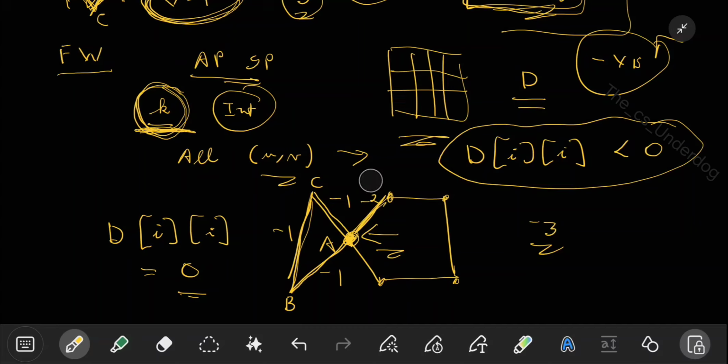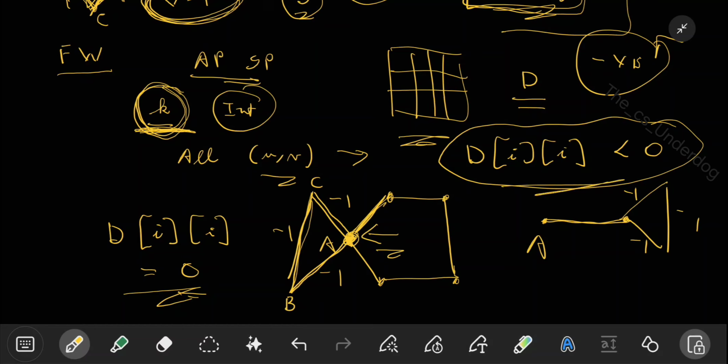If that has to be negative, A should be part of a negative weight cycle. And one more thing, let us say A is here, and a negative weight cycle is reachable from A. Let us say this is a negative weight cycle. It is reachable from A. Here it is not necessary that d[i][i] will be less than 0. It may be less than 0, it may not be less than 0.